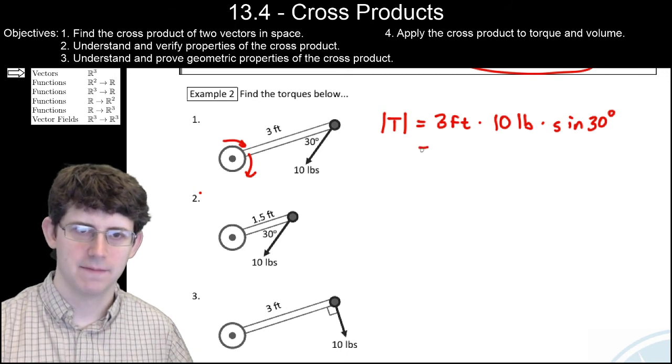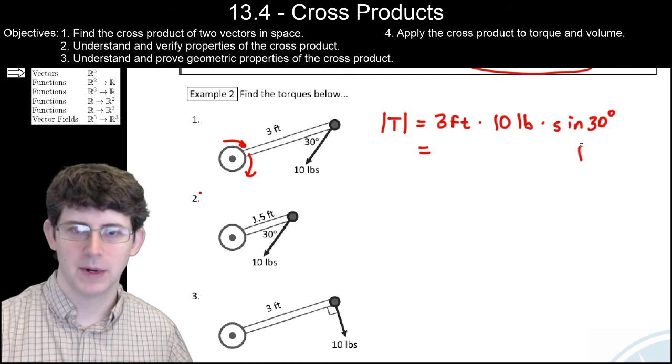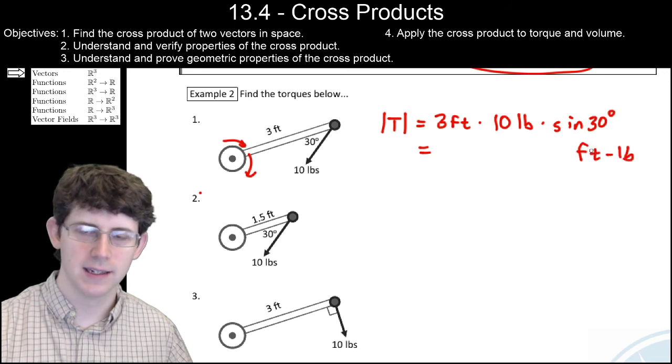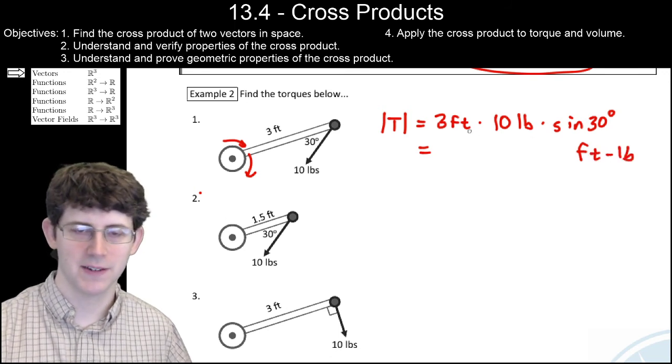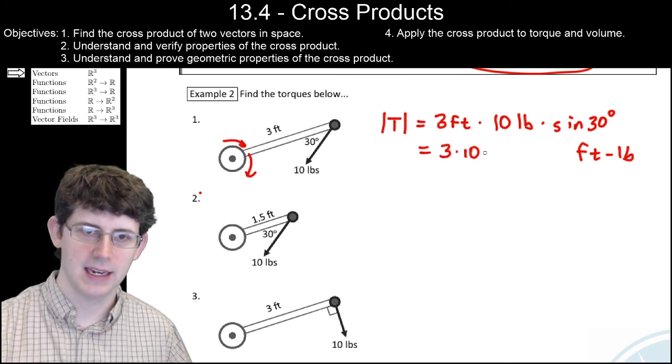Yeah, that's it. We're going to get foot-pounds, which is the proper unit for torque in imperial measurements. Sine of 30 degrees is a half. So I get 3 times 10 times a half foot-pounds, which is 15 foot-pounds.